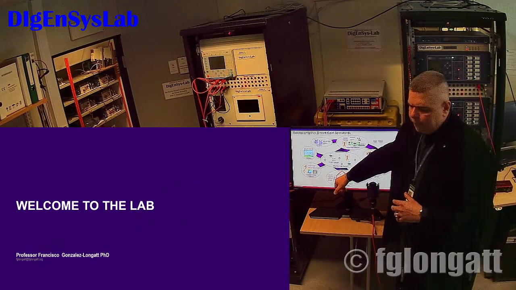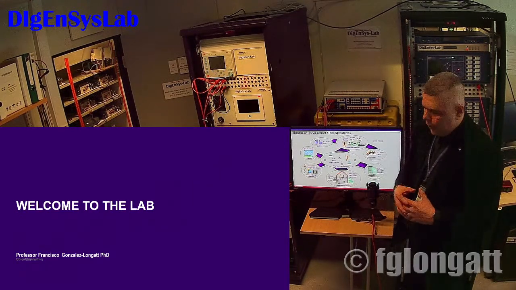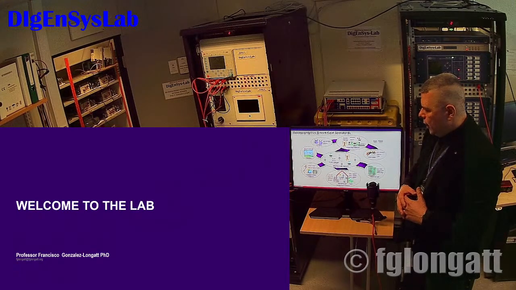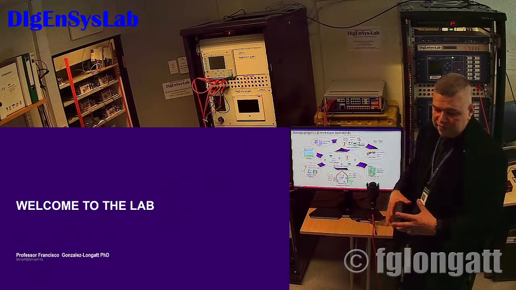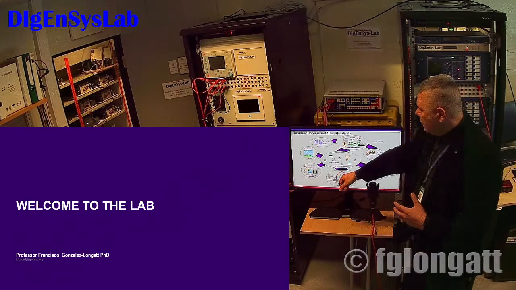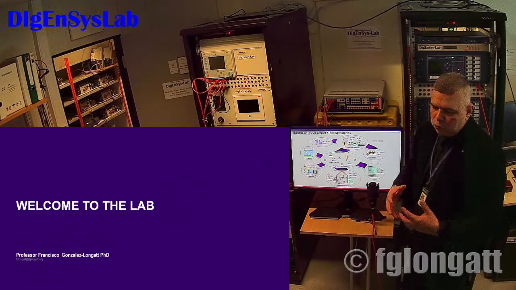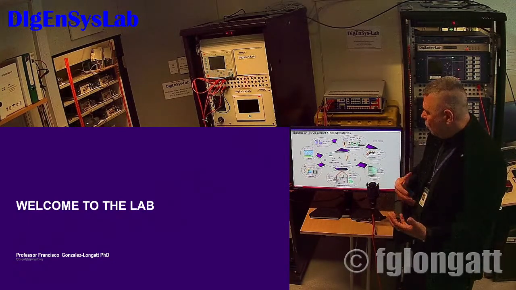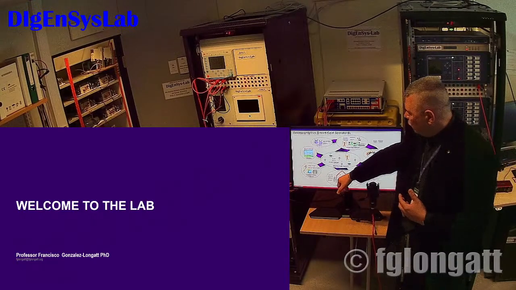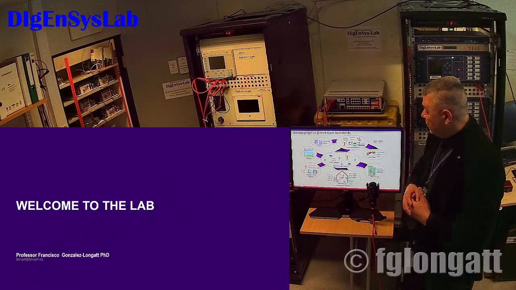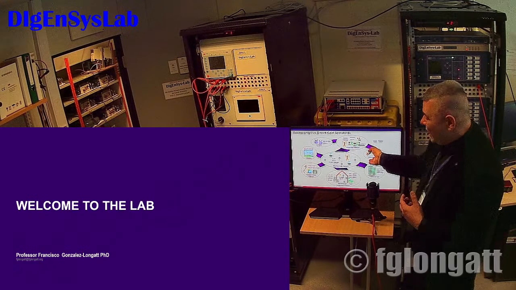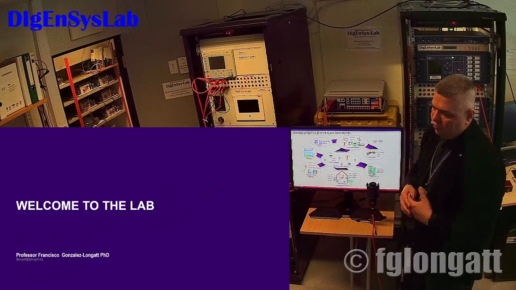For instance, this ZigBee has been used for monitoring and controlling things inside houses. Wi-Fi can be used as protocol to send signals going, and that was, for instance, used for smart meters, okay? But there are many other kind of protocols, okay?